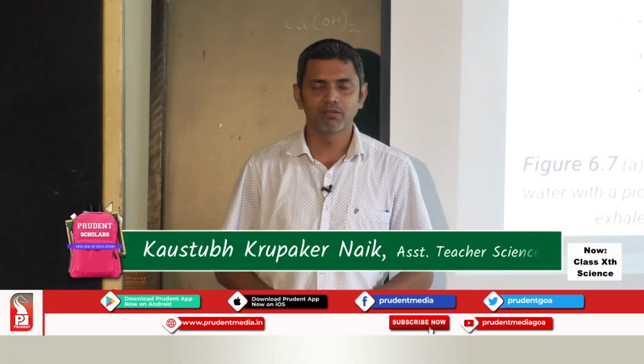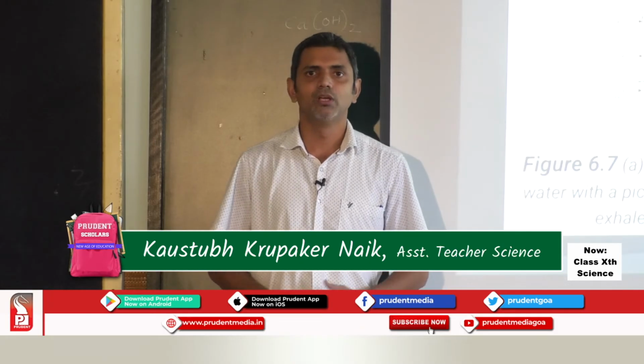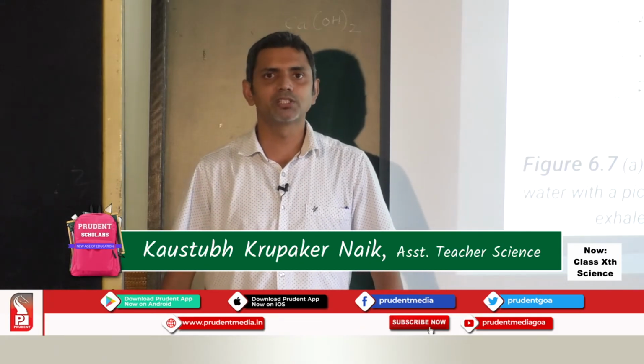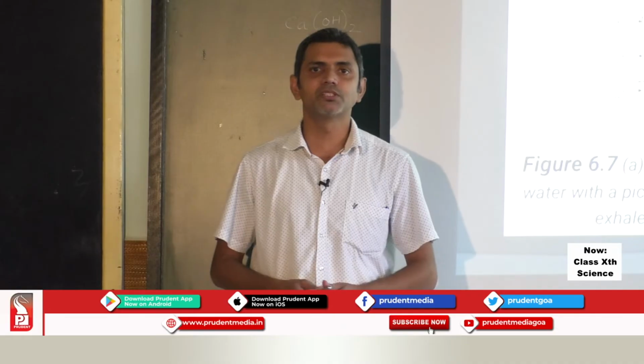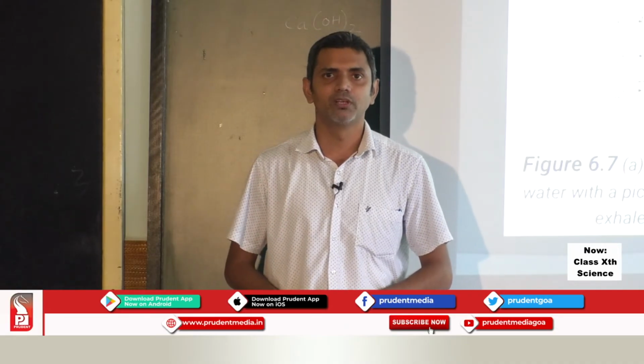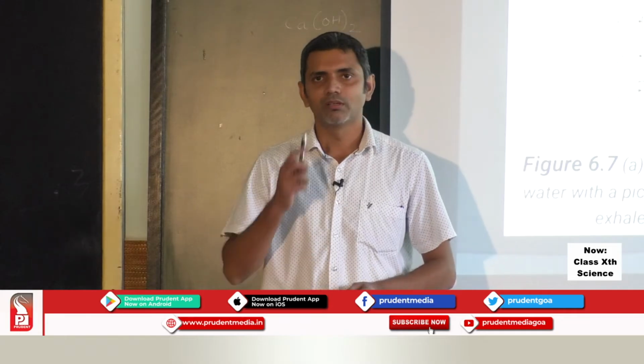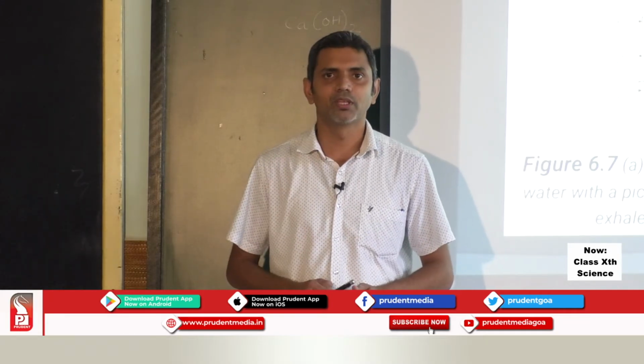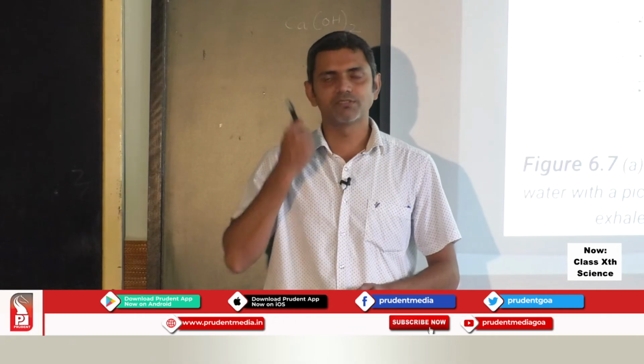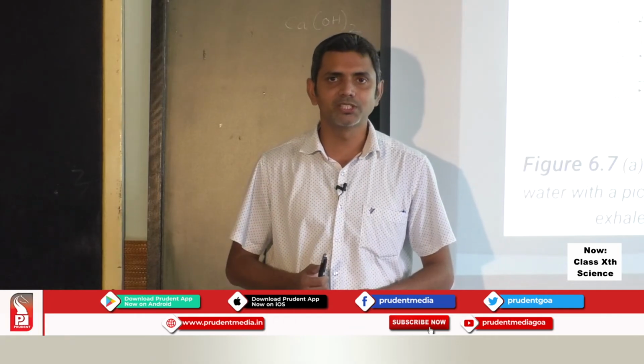We have seen respiration, and we have to learn more things. During the process of respiration, especially in human beings, we require oxygen, and we have to take in oxygen from the air. With the help of nostrils we take in oxygen.